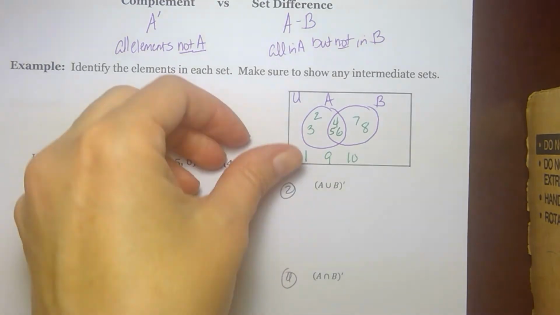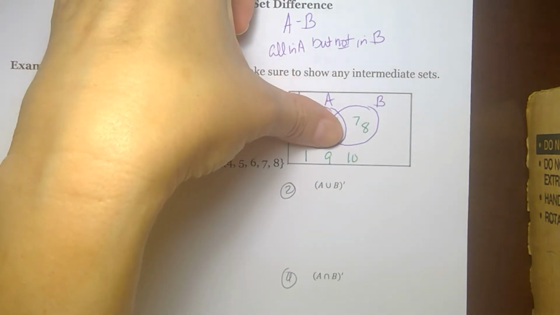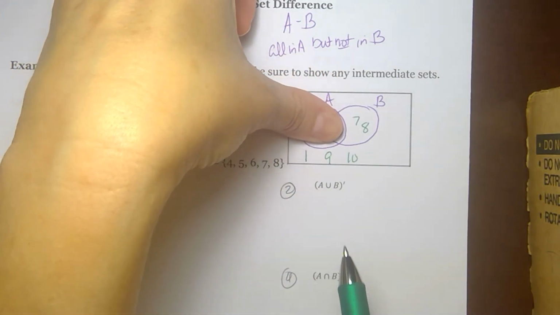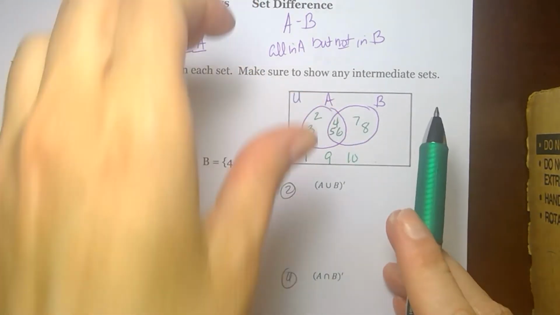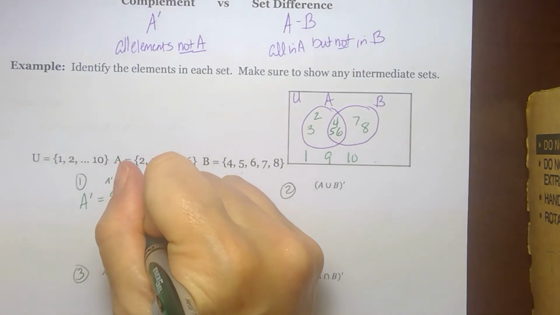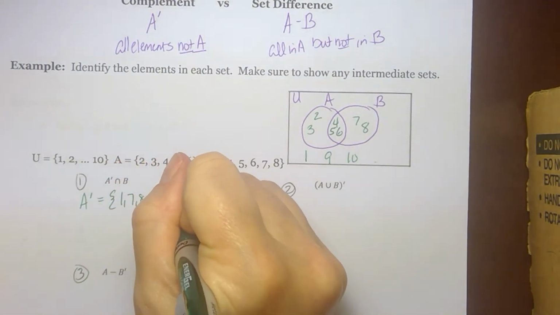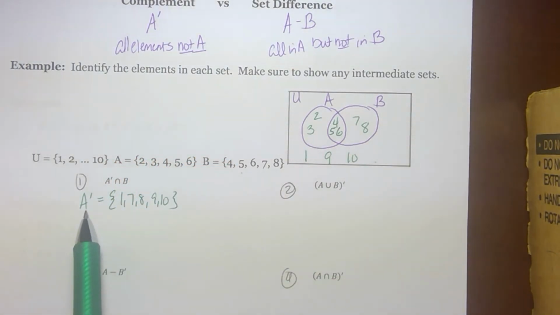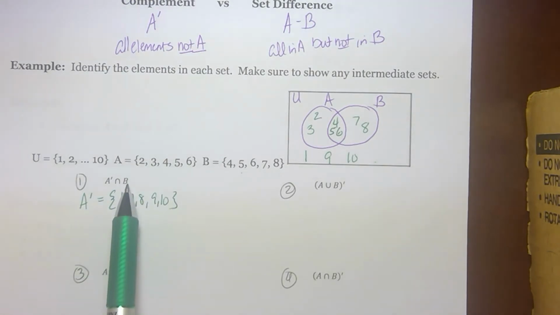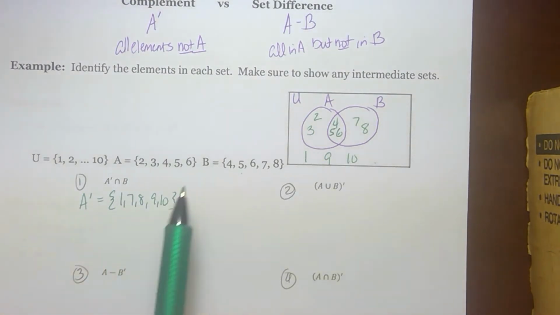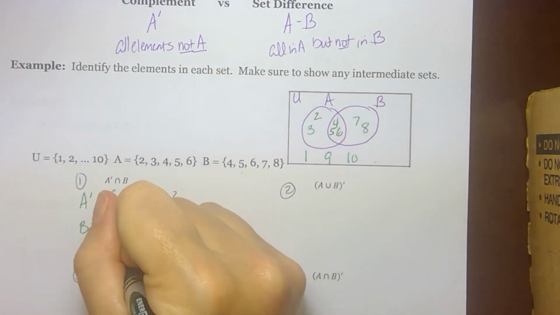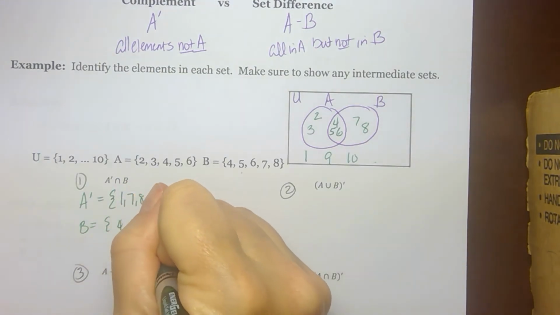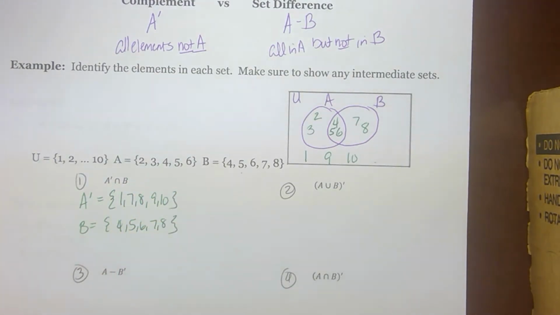Well, A includes 2, 3, 4, 5, 6. If I cover those up, these are the 5 elements that are not in A: 1, 7, 8, 9, 10. Now I have to see what that list shares with my B list. I don't have to rewrite it, but if you're struggling a little bit, it might be easier to rewrite it.